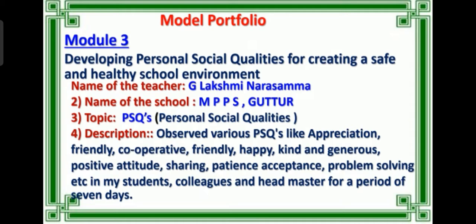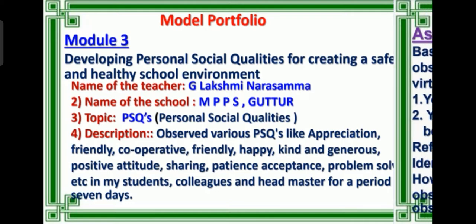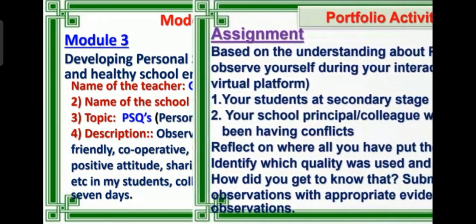Here we have to observe various PSQs like appreciation, friendly, cooperative, happy, kind and generous, positive attitude, sharing, patience, acceptance, problem solving, etc. in my students, colleagues and headmaster for a period of 7 days. That is the description of this model portfolio.